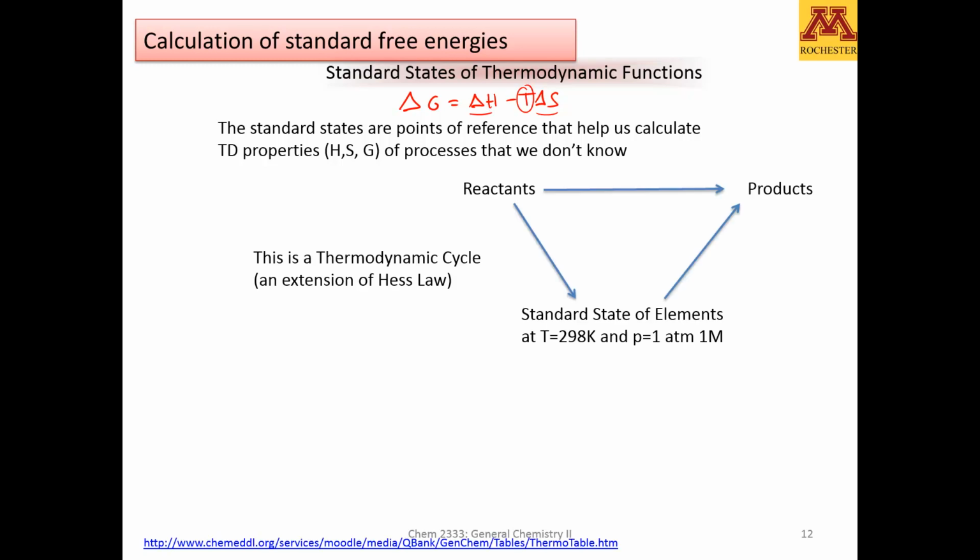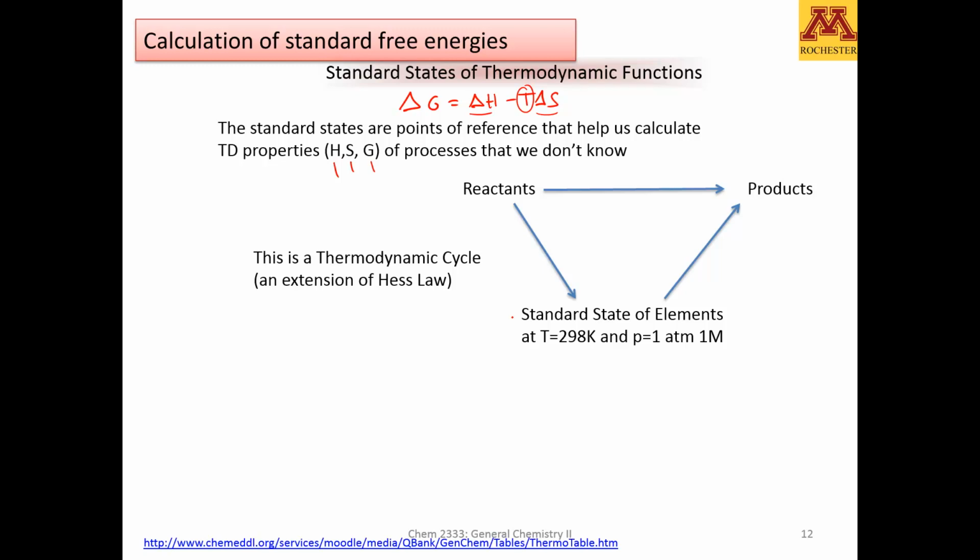So to calculate thermodynamic potentials, thermodynamic state functions, and by a state function I mean enthalpy, entropy, and Gibbs free energy, one can always build the cycle, what we call the thermodynamic cycle, the Hess law, sending reactants to the roof, sending products to the roof, and taking the difference between how much energy it takes to send products and reactants to the roof.